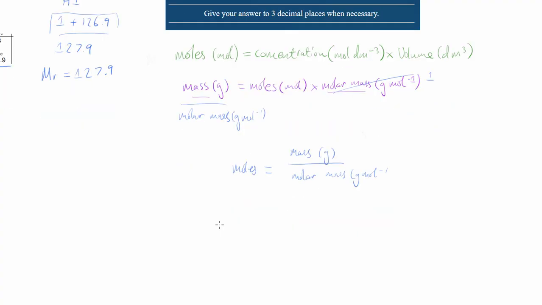What I'm going to do at this stage is substitute this into the equation we have above. When we substitute this, we get mass in grams divided by the molar mass is equal to the concentration times the volume, right?